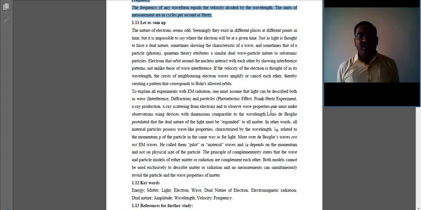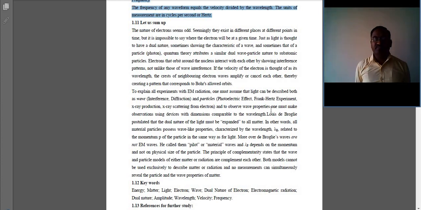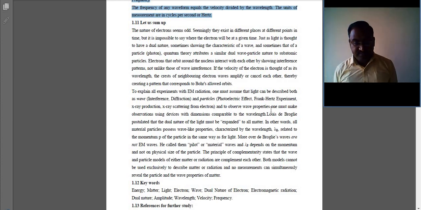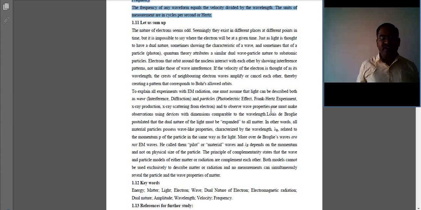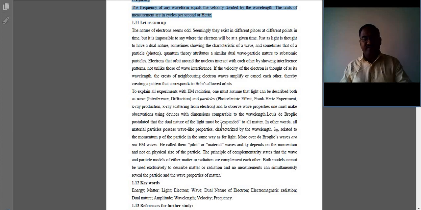Louis de Broglie gave the quantitative relationship between wavelength and momentum. This summarizes Unit 1.